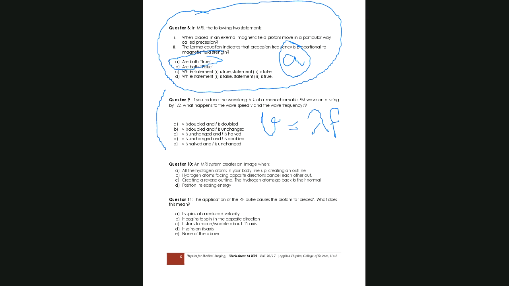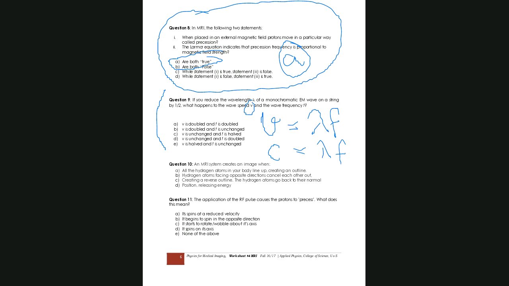Now remember, for an electromagnetic wave this is constant, C. C is equal to lambda F. Now if you reduce this, he wants to compare what happens to the wave speed and the frequency.